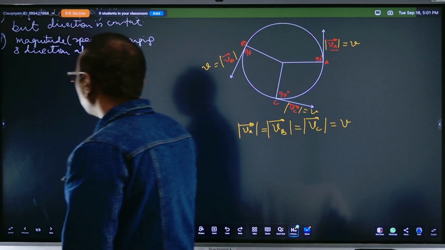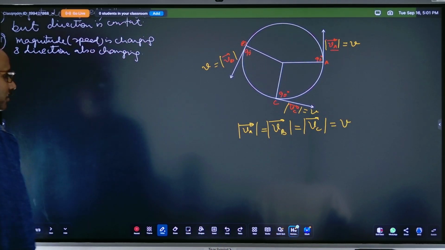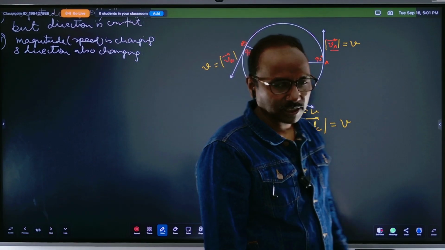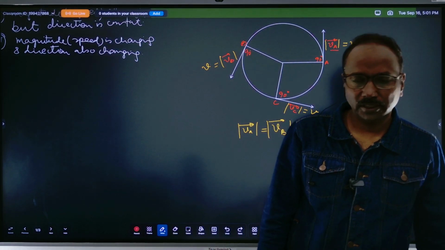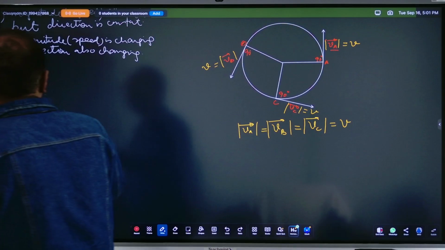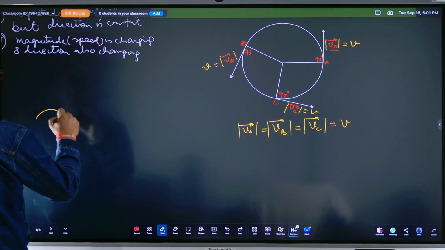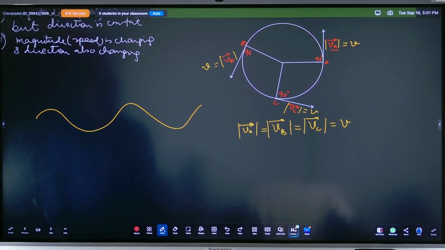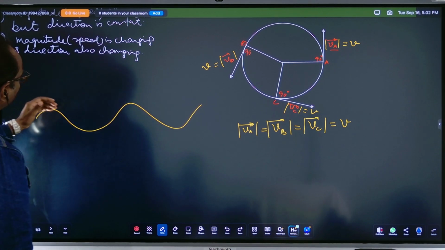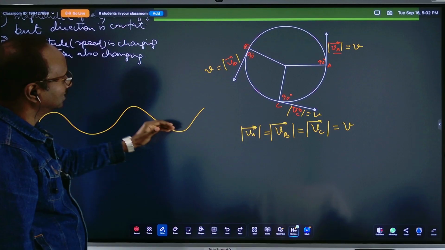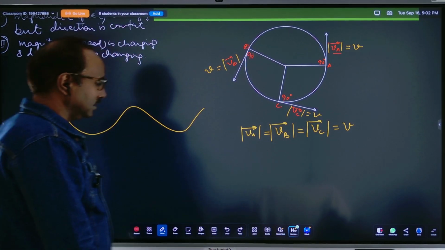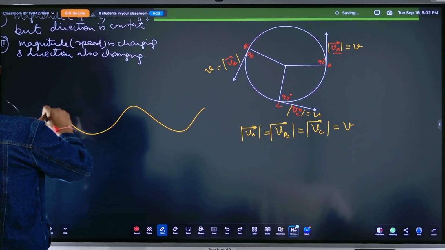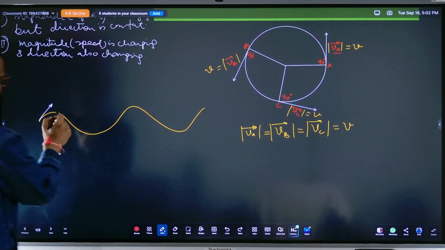But there can be other cases also where you can keep your speed fixed, but the direction continuously changes. Like if you are driving a car on a serpentine road, you can keep your speed fixed, but at each and every point, the direction of the velocity is changing.